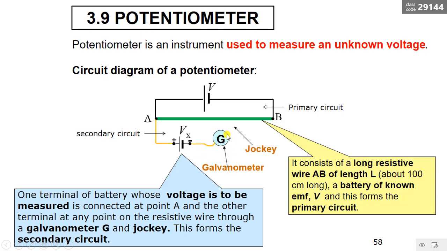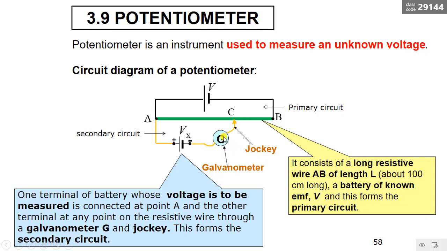At the other end of the galvanometer, we connect to a jockey. This jockey will be tapped at any point on the resistive wire. So this will form a secondary circuit.